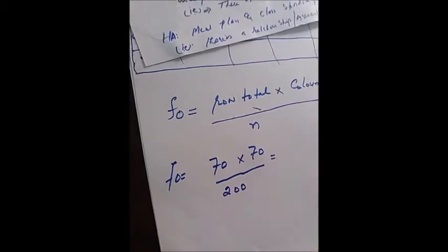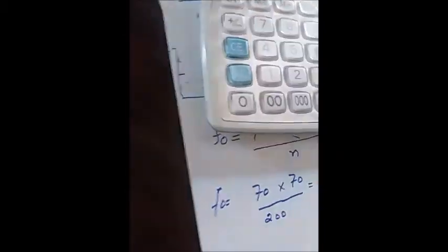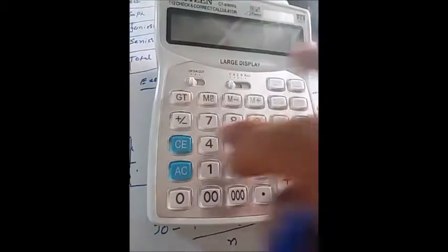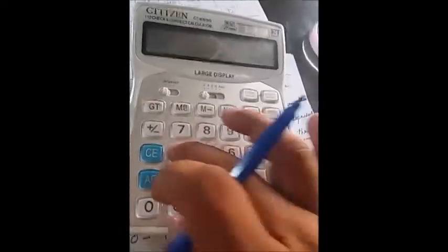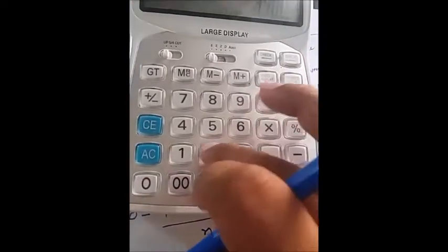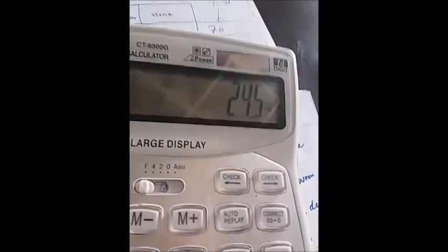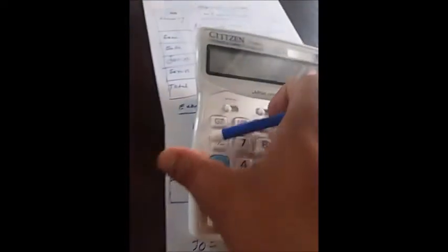So 70 multiplied by 70 divided by 200 is equal to 24.5.